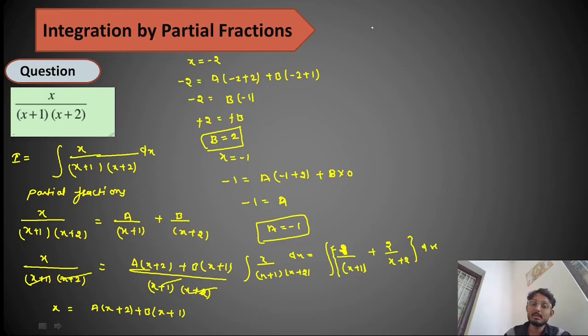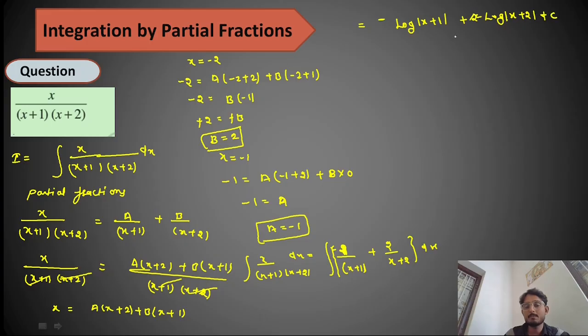So here you will get minus 1; the integration of this term is minus log x plus 1, and the integration of the second term is plus 2 log x plus 2 plus c.